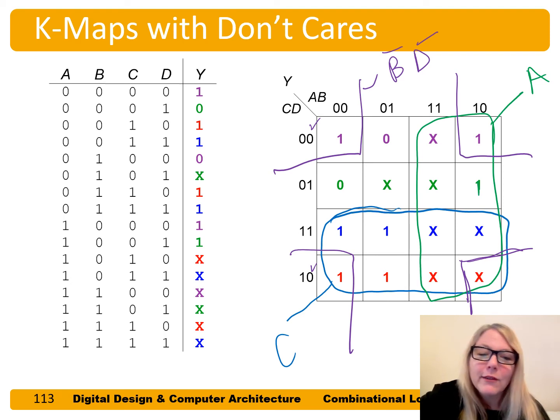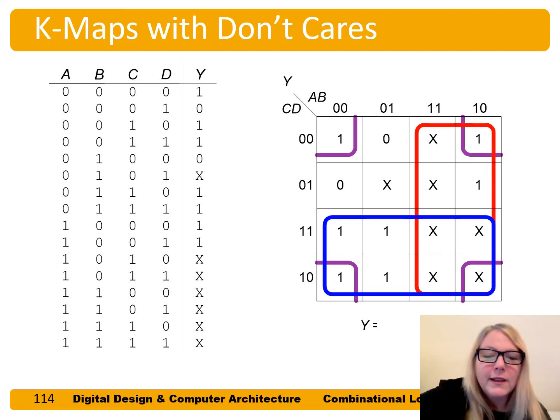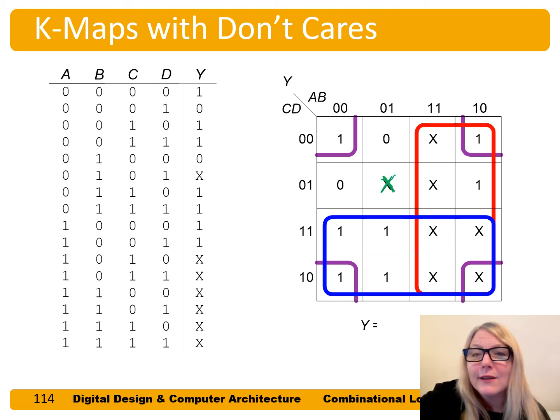By definition, because of the way I've implemented this circuit, any don't care that is included in a circle in my K-map we're defining to be a 1. So the output will be 1 in the 1, 1, 0, 0 case, for example. We didn't care if it was a 1 or a 0, but by the way that I've defined my circuit, the output will be a 1 because it's included in a circle. But this don't care here, we've defined to be a 0 because it's not included in one of the circles.